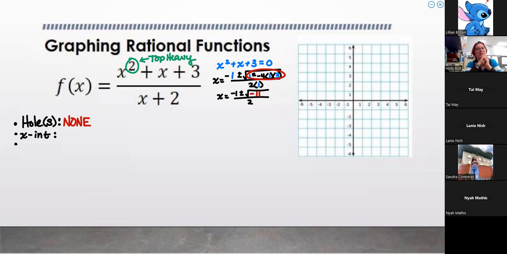Where is it going to touch the x-axis if I have a negative under the radical? It does not. Absolutely correct. This is imaginary. And so we do not have any x-intercepts. We only have imaginary roots.